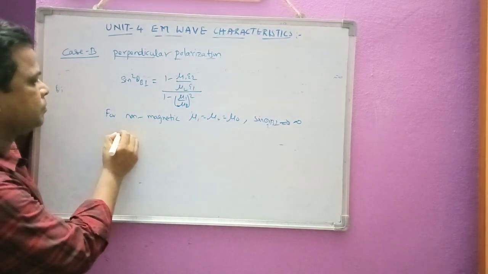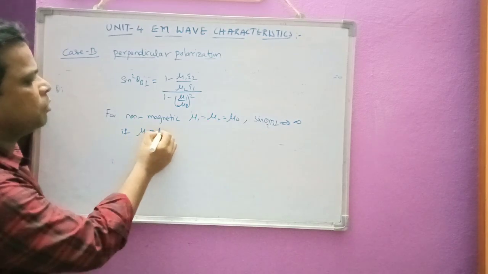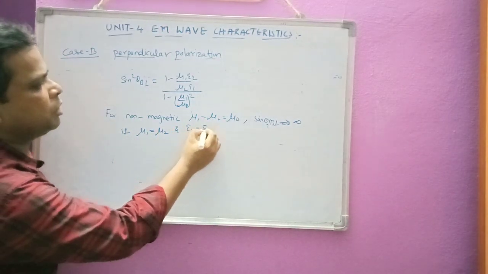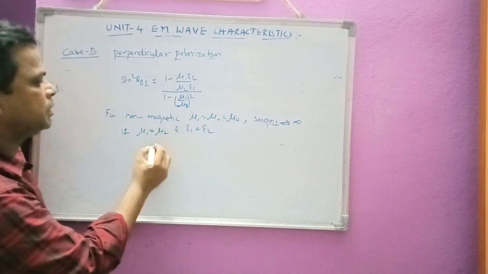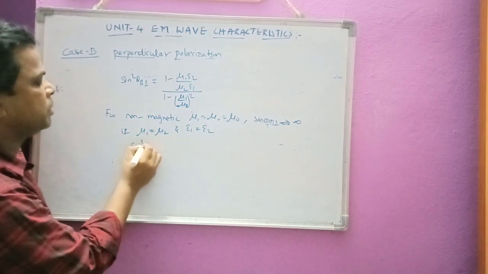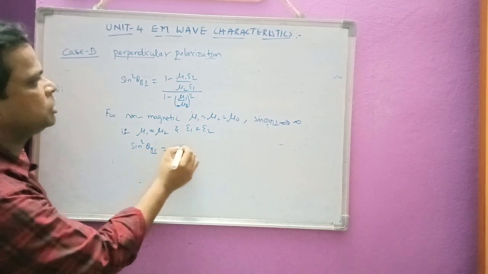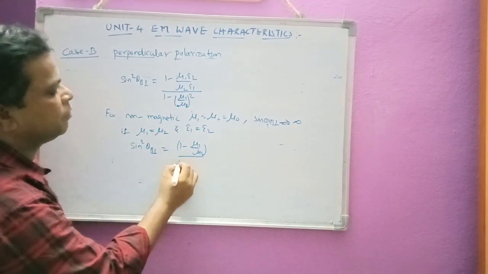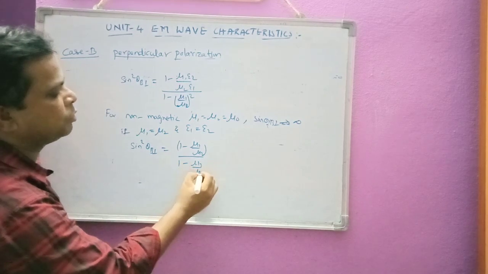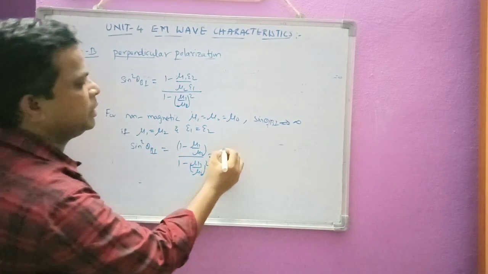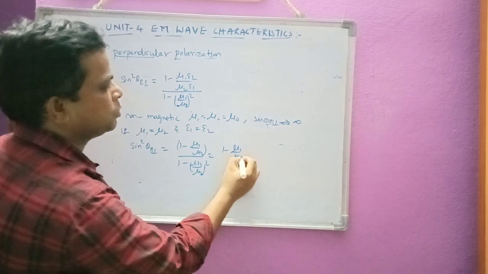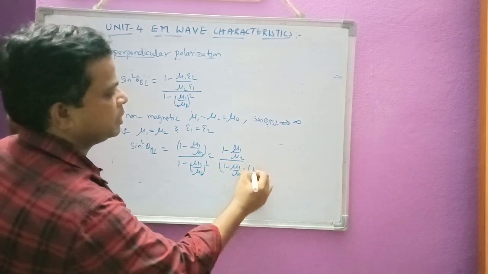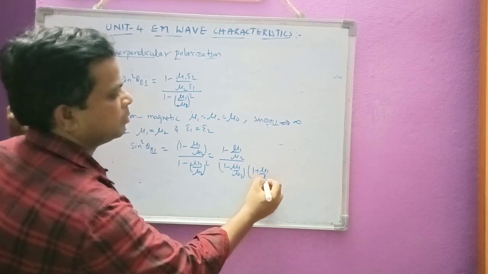Now if mu 1 is not equal to mu 2 and epsilon 1 is equal to epsilon 2, this will become 1 here. Now I can write sine square theta b perpendicular as 1 minus mu 1 by mu 2, divided by 1 minus mu 1 by mu 2 whole square. I can write 1 minus mu 1 by mu 2 as 1 minus mu 1 by mu 2 into 1 plus mu 1 by mu 2.